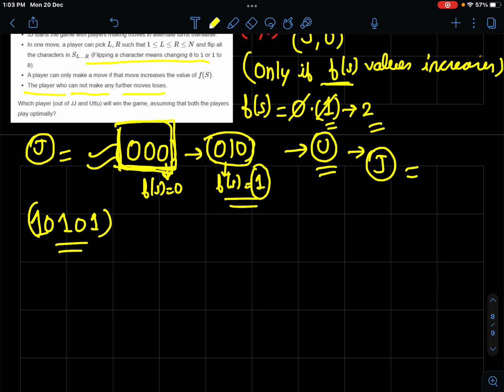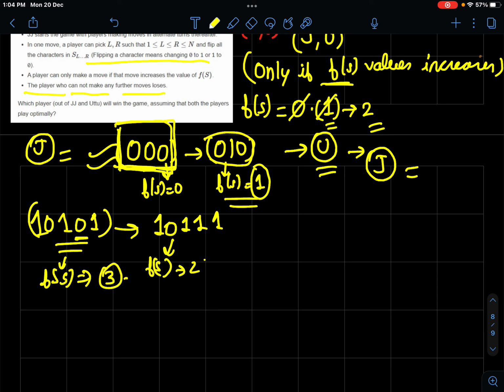In this 10101 test case, the value of Fs is 3. Now if we do any flip, it will become 1 0 1 1 1, which is not optimal. The value of Fs will be 2 here, so it is decreasing.